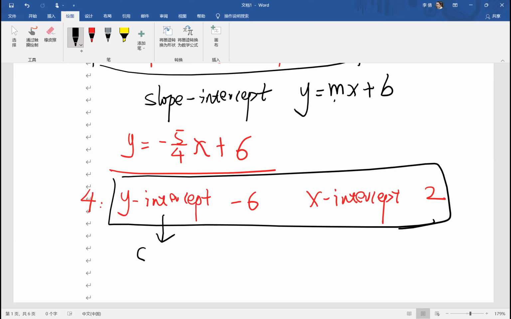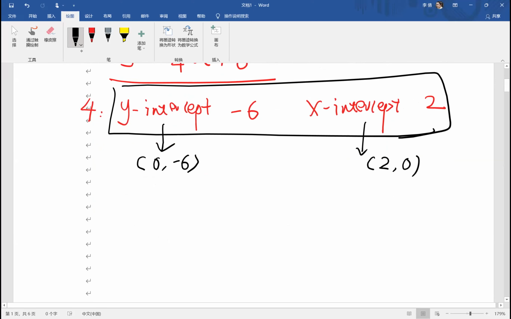The line must pass through the point (0, -6), right? And if the x-intercept is 2, this line will pass through the point (2, 0), right? So let's see.